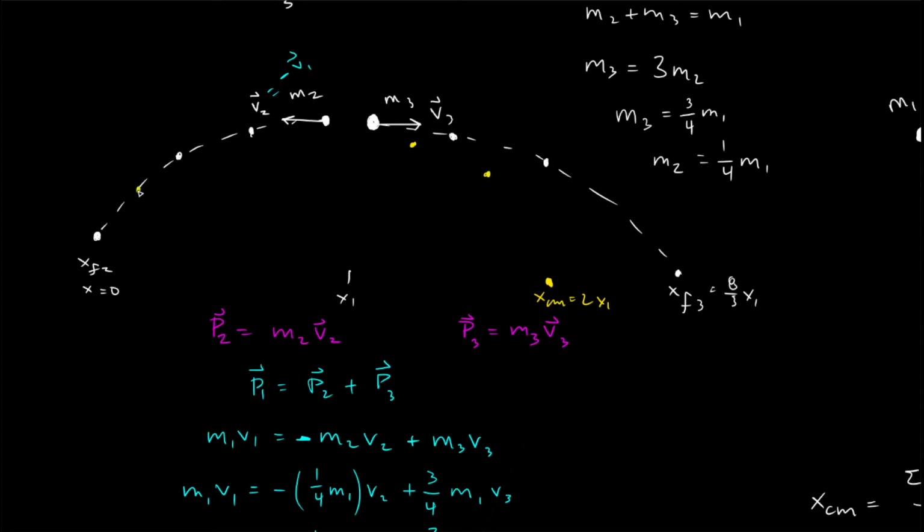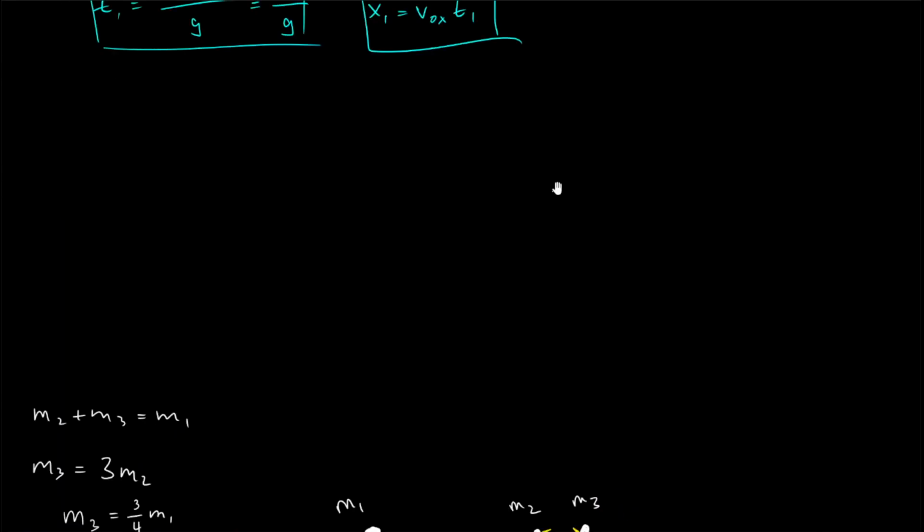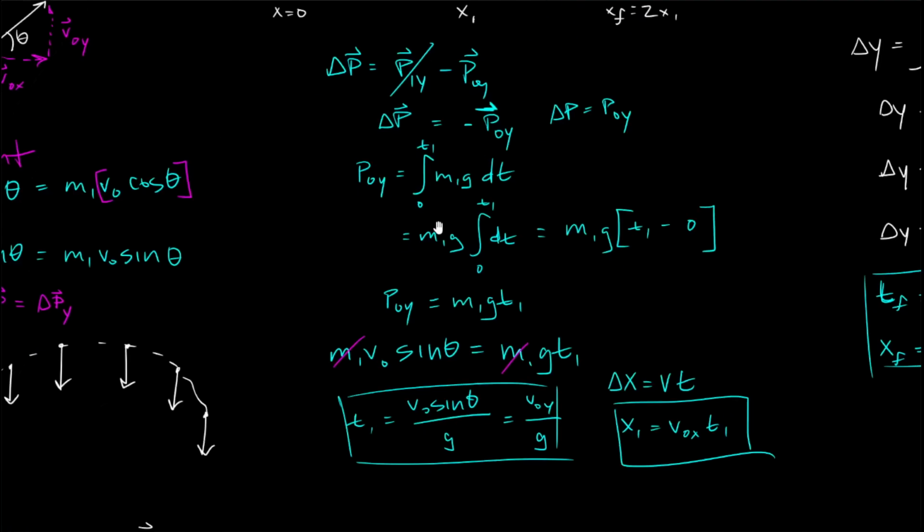Maybe we do it here. The center of mass is over here. And it turns out that the path the center of mass travels is the same as if the projectile did not explode at all. So the path of the center of mass of the two parts of the projectile is the same as the path of the projectile if it did not explode.